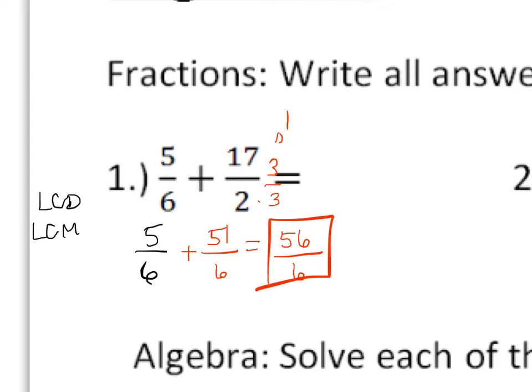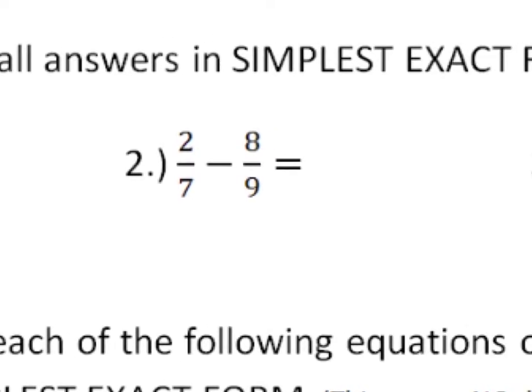Okay, that takes us to our next problem over here. We're going to follow the same process, only we have sevenths and ninths. Again, two different units, so we want to convert one or both of them so that they are the same.